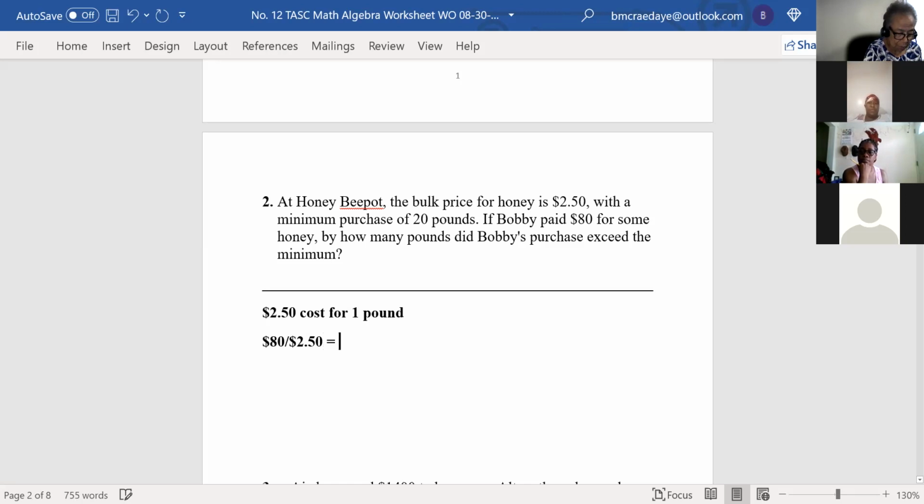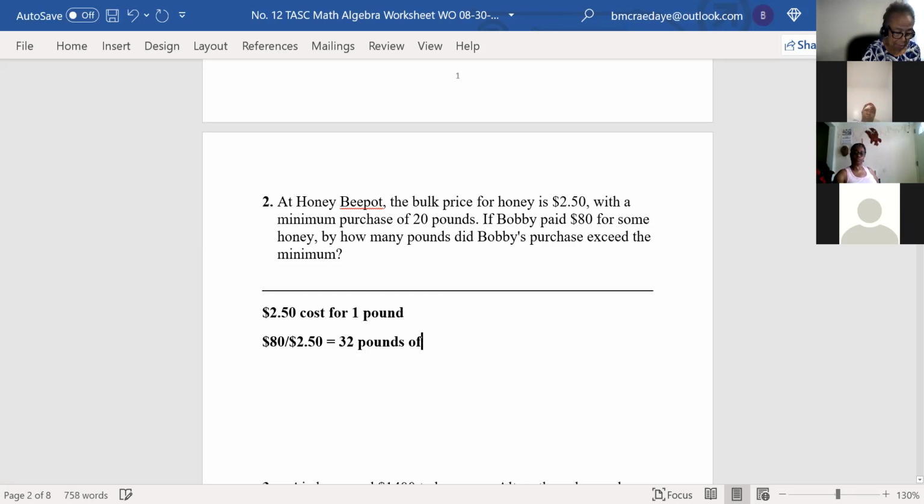Yeah, but I didn't do it like that, they do it the other way around. But this is the logical way to do it. $2.50 is the cost of 1 pound, right? If Bobby spent $80, he bought 32 pounds of honey.